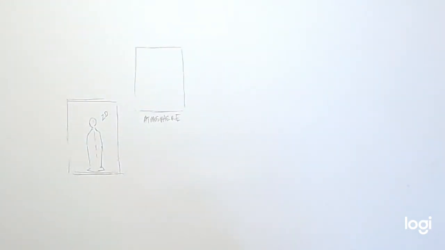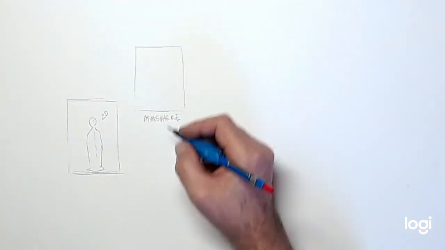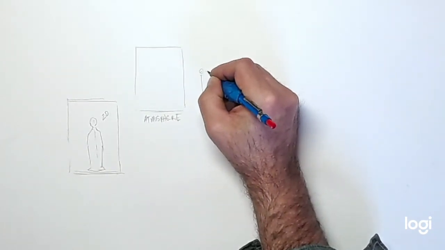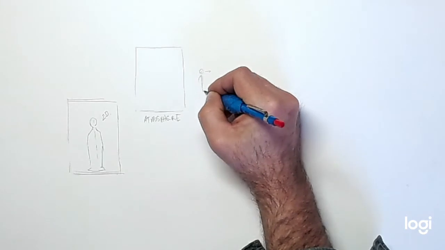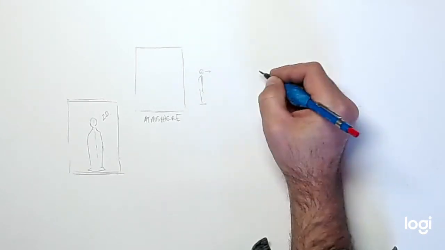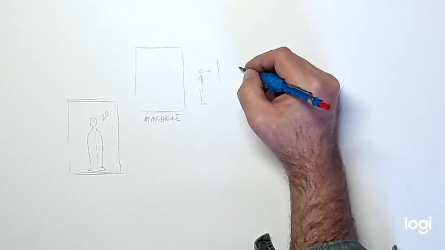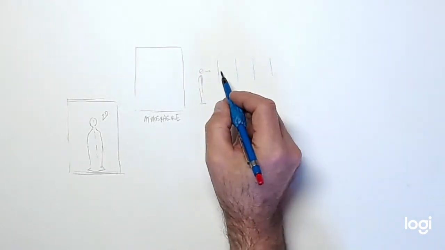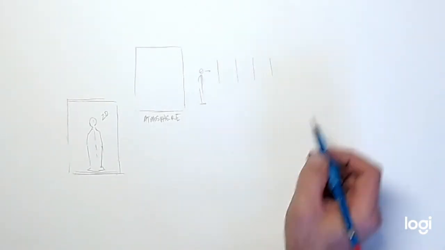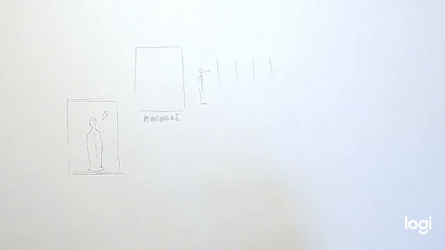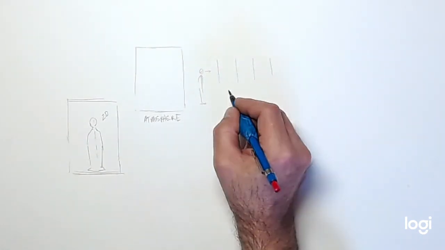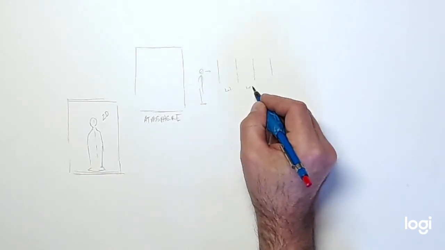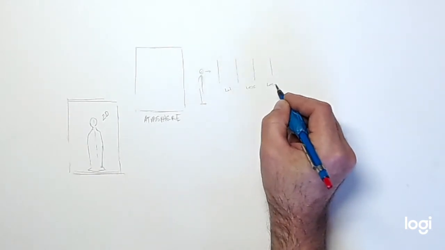And the way to think about this tool is that when you're looking into the distance, say this is a person here, and they're looking this way, it's as though they're looking through sheets of glass. And as they look through the sheets of glass, a couple of different things happen. The level of detail goes from here, you've got a lot of detail, and here you have less, and here you have less.